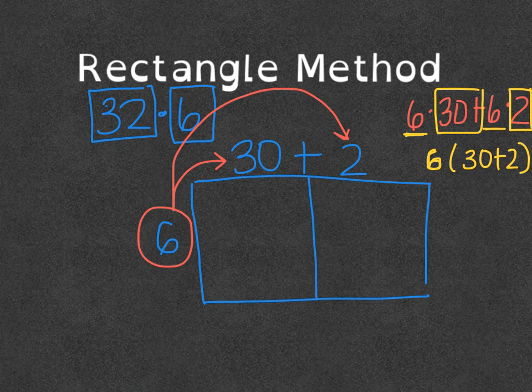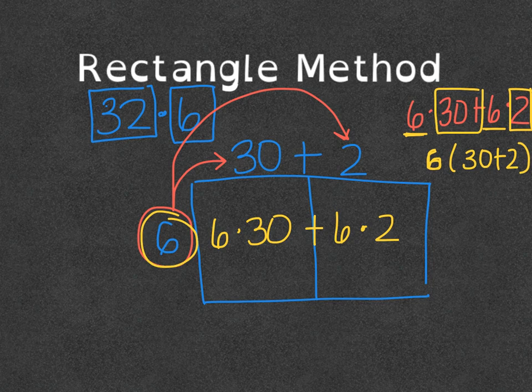Essentially what we've been doing with the rectangle method is we've been distributing the 6 and putting it in the box. 6 times 30, 6 times 2, and solving them with a plus. We've been doing the distributive property without calling it that for the last few days. Then we've been solving it, 180 and 12.